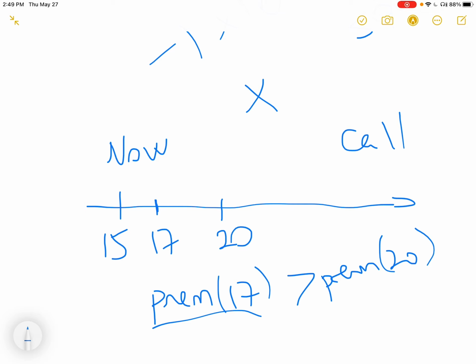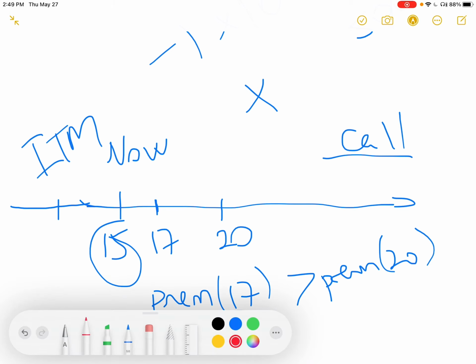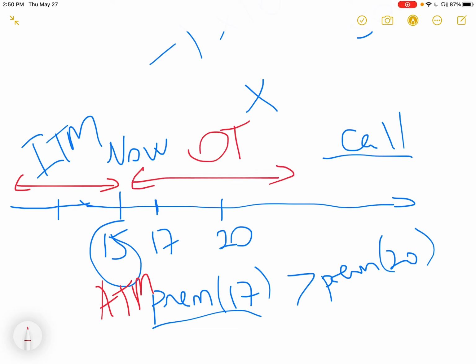What you can also do is choose an exercise price in the money. For a call option, in the money is basically anything less than the current price. So this is in the money. 15 is at the money, so ATM. And anything after 15 is out of the money.